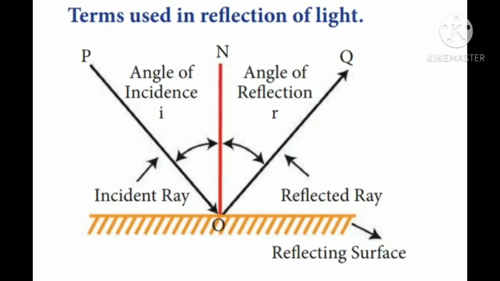Now you can see that two angles are formed. These angles are the angle of incidence and the angle of reflection. The angle of incidence is formed between the incident ray and the normal, and it is denoted by i. The angle of reflection is formed between the normal and OQ, that is the reflected ray, and it is denoted by r.